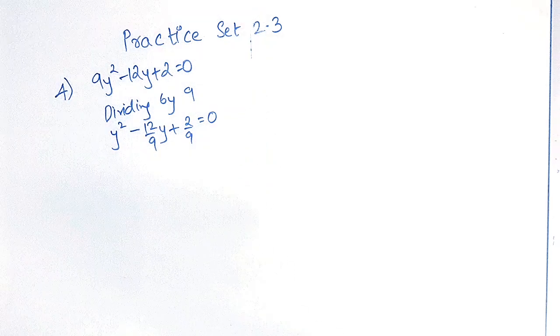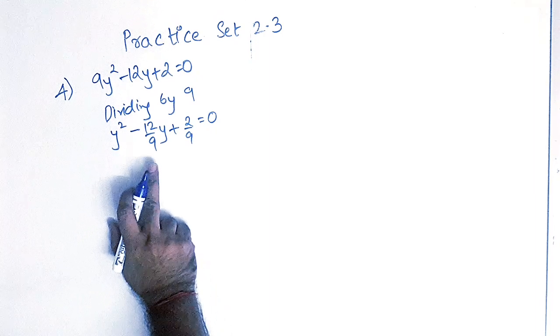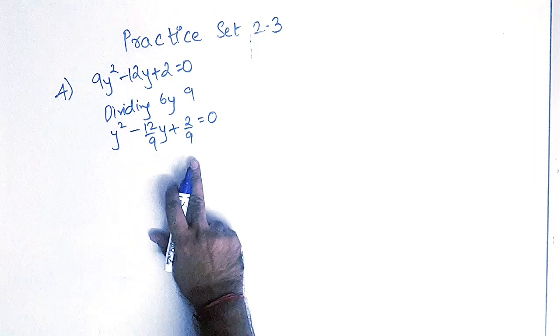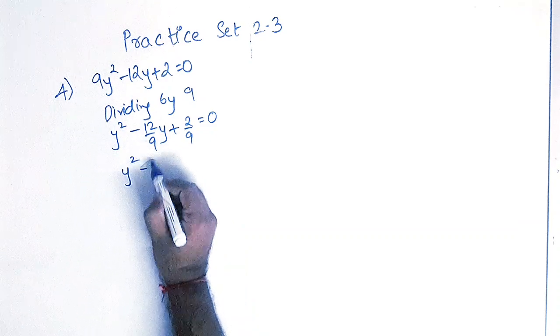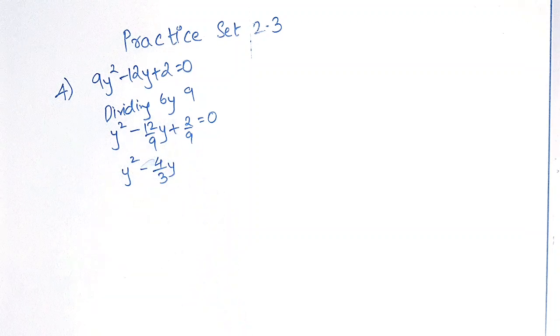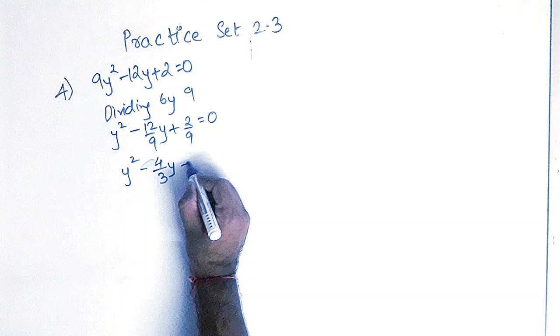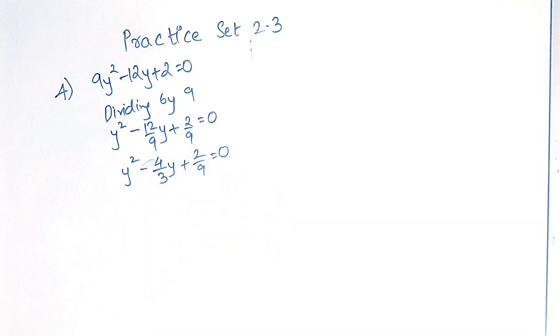Then now this y square minus 12 by 9y plus 2 by 9, you can see this can be cancelled, 3 4s are 12, 3 3s are 9, so this becomes 4 by 3y plus 2 by 9 equals 0, okay. Now y square minus 4 by 3y plus 2 by 9 equals 0.